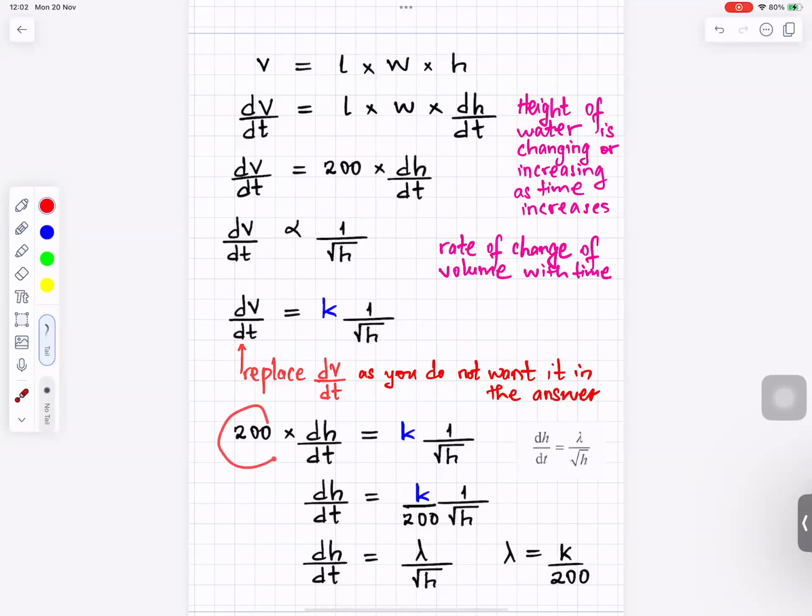So we take the 200 to the right, and it becomes divided by 200. So dH over dt is k divided by 200 times 1 over root h. k is just a number, 200 is just a number, so we can call k over 200 another constant. Let's call it lambda. So dH over dt is equal to lambda over square root of h, which is what they wanted us to show.